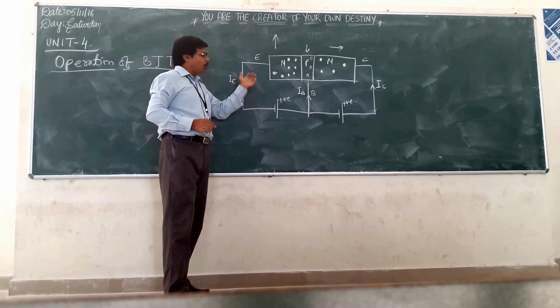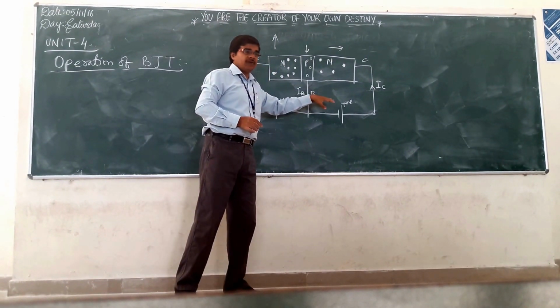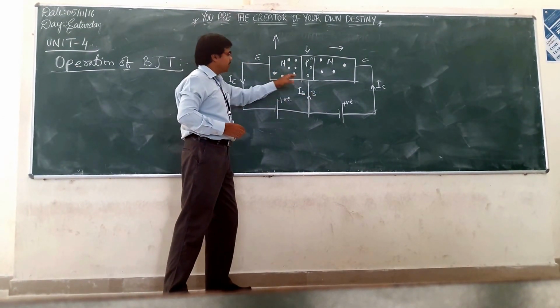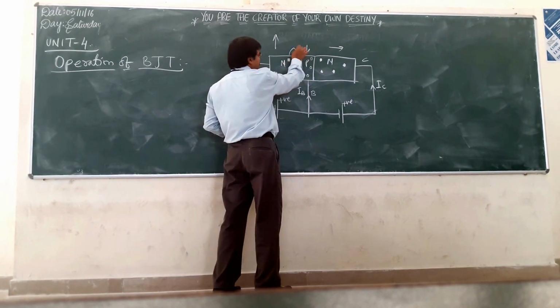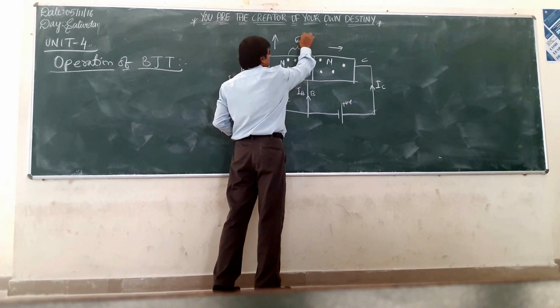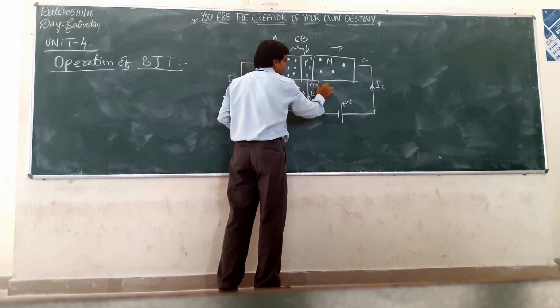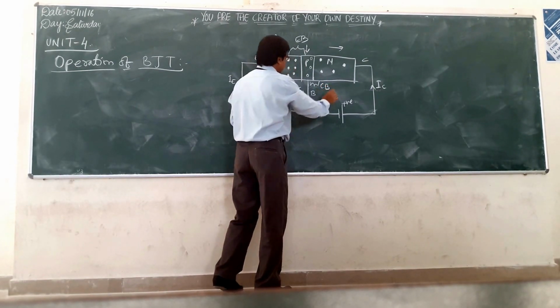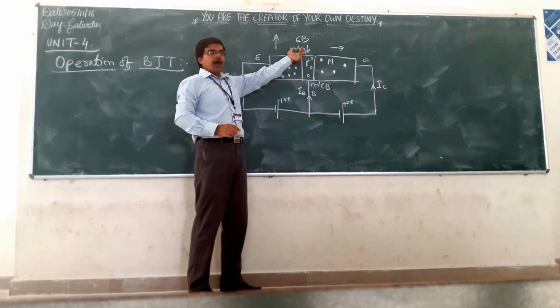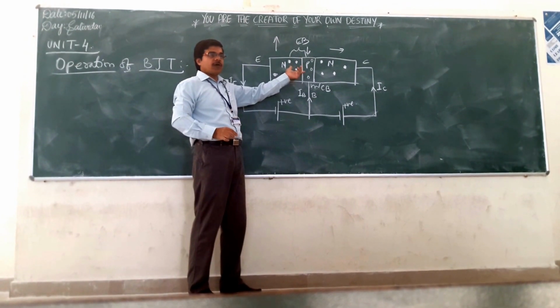Okay. Now here we will make the arrangement in such a way that this emitter base junction will be forward bias. This is your emitter base junction, and this one is your collector base junction. So emitter base junction will be forward bias. How will it be forward bias?